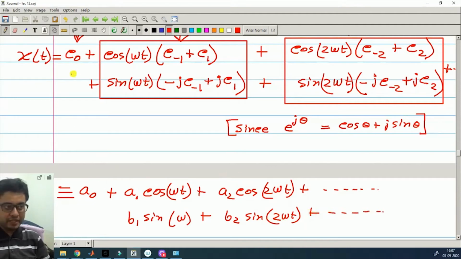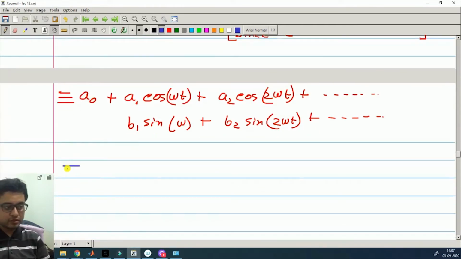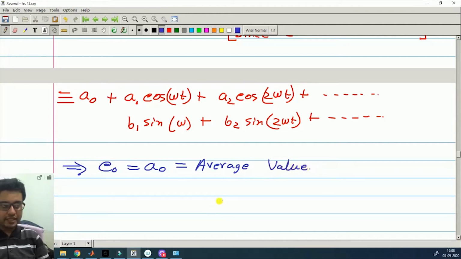Now comparing this and this, you can easily recognize that c0 should be same as a0, and a0 is nothing but the average value of a signal xt.